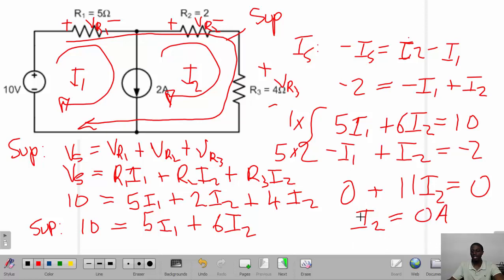And if we replace this value in one of the equations, if we pick the current source equation, then if I2 is 0, I1 is simply equal to 2. So from there, I1 is equal to 2 amps. And you can verify that using KVL equations.